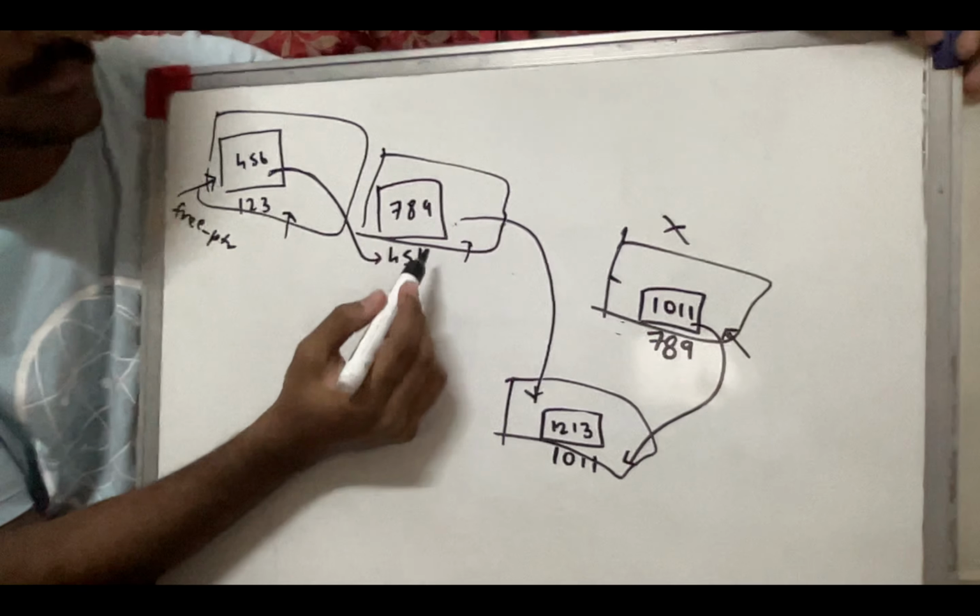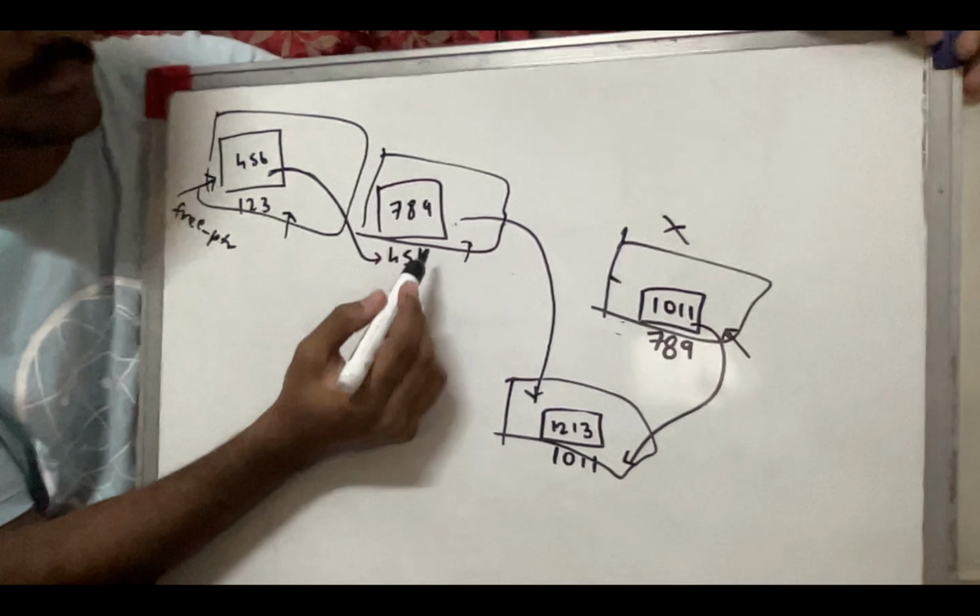So our previous block initially points to null. That is correct. And then our copy free pointer definitely points to 456 because it is at 123, right? Then my previous block will point to 456.